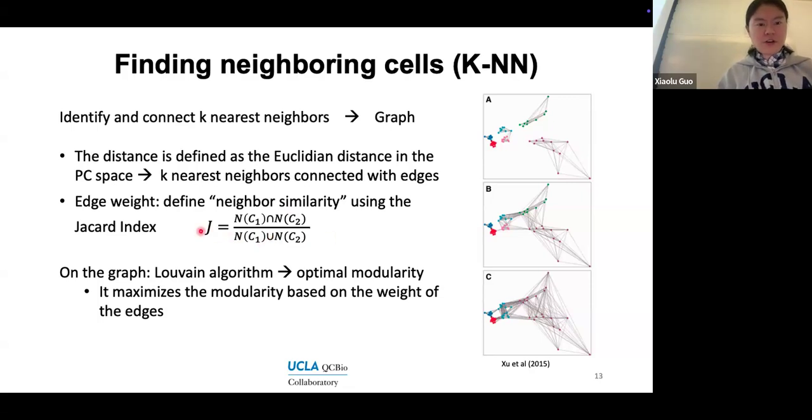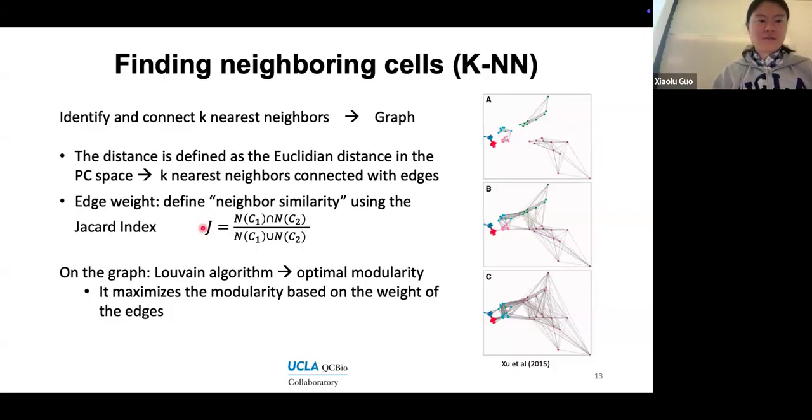If the Jaccard index is equal to 0, what does it mean? It means although these two cells have an edge between them, they do not have any overlapping neighbors at all, and it will give you index 0.